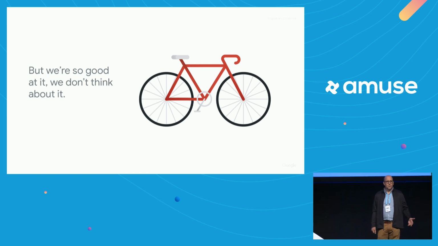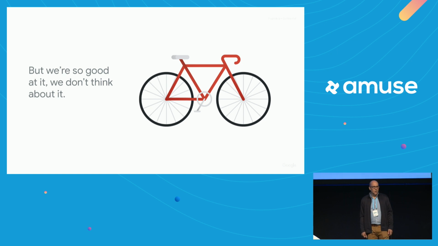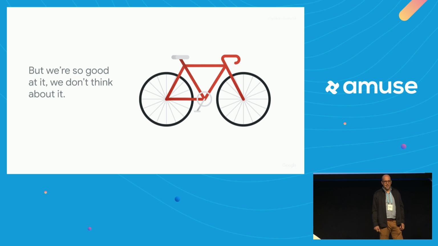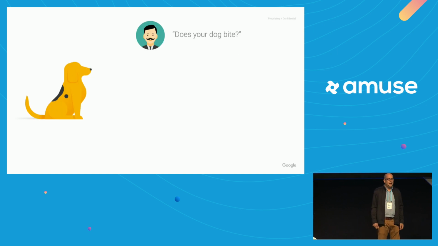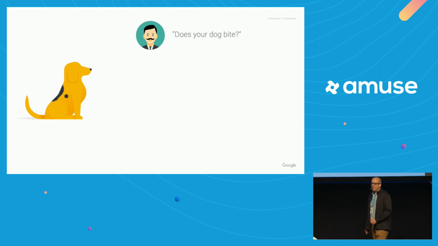So why am I here to talk to you today? I want to talk about conversation design, but I'd also like to talk about the challenges. And I think they're summarized very well in one of my favorite comedies, The Pink Panther Strikes Again. In that movie, there's a scene in which Inspector Clouseau walks into a small inn in Munich, and he sees a dog. So he says to the man behind the counter, "Does your dog bite?"